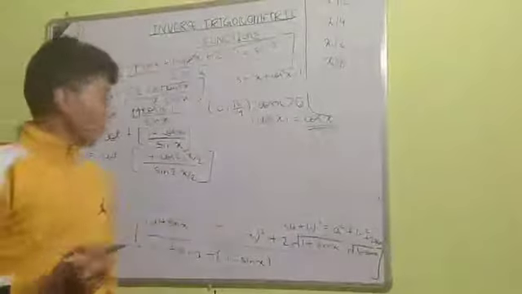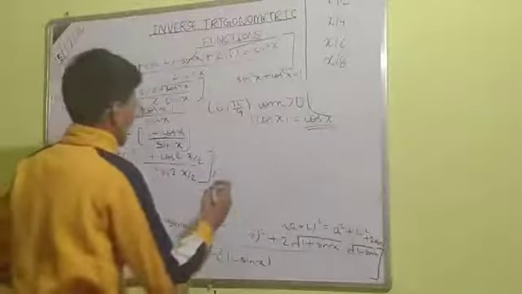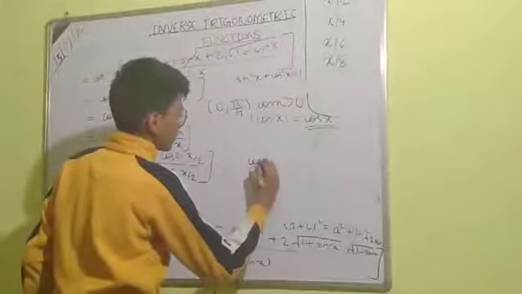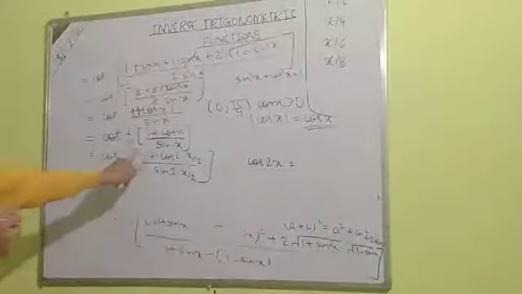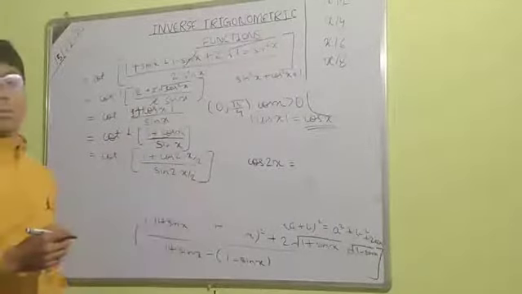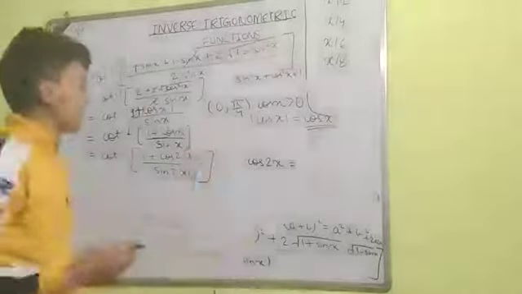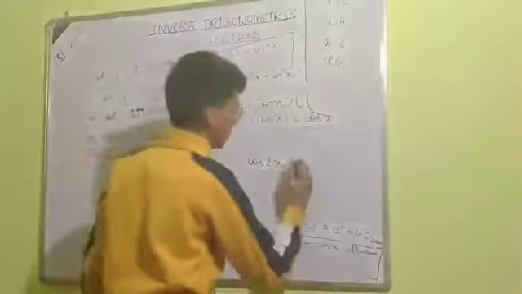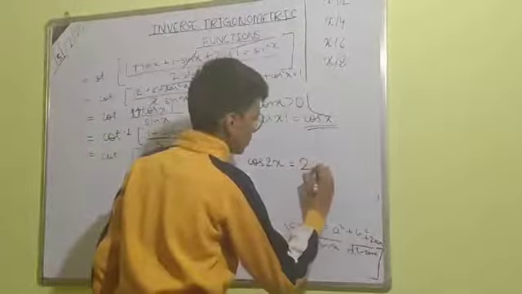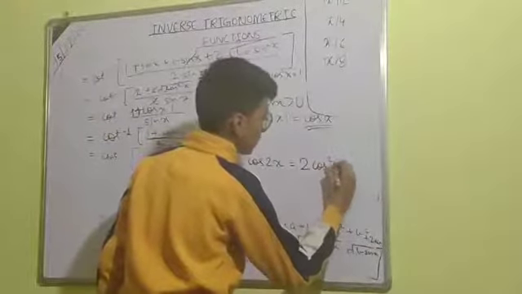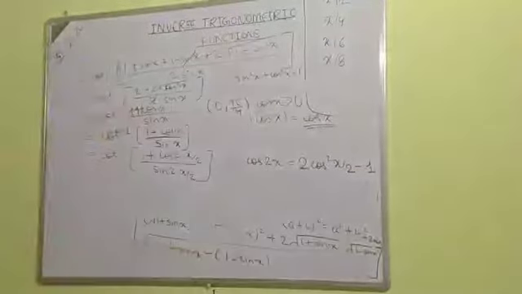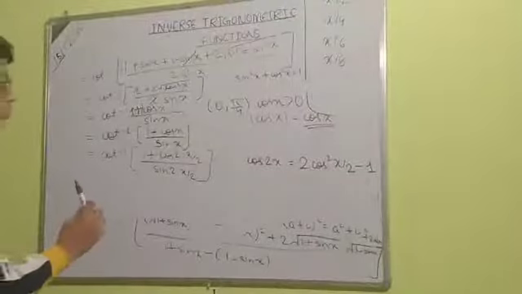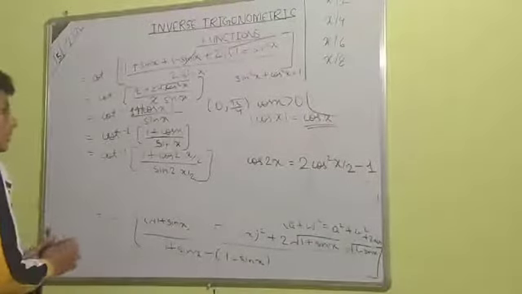Now we know the formula of cos 2x and sin 2x, when there is 1 in front of it, so we know the formula in which 1 is in minus, so we'll use the formula 2 cos square x by 2 minus 1, that is same.